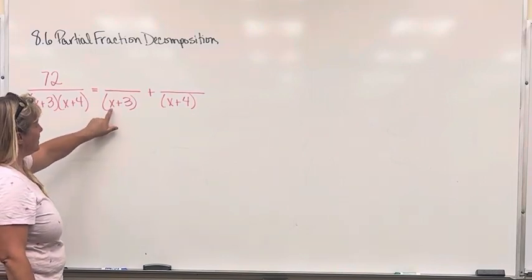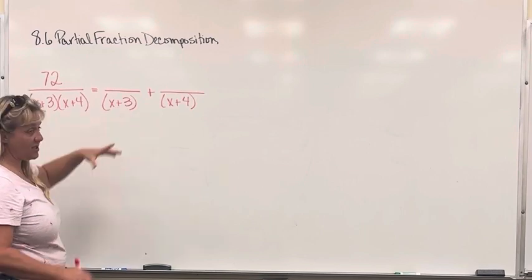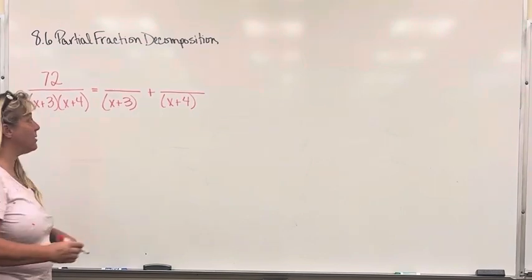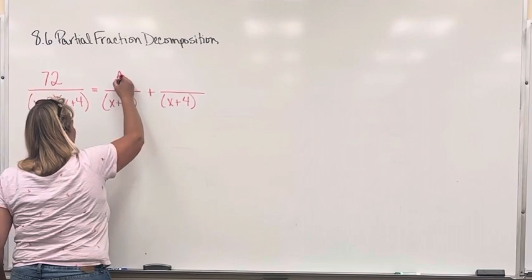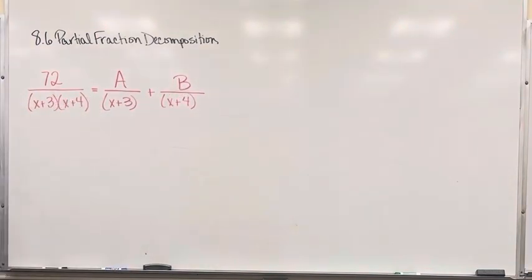What I want you to notice is if you've got a factor that looks like x plus or minus c, just the very basic binomial factor, then what goes on the top of each fraction is going to be an A or a B, okay? And we use B because it'll be different than A. So we just put a single capital letter is normally the way that we notate this, okay? But that's what it's going to look like.